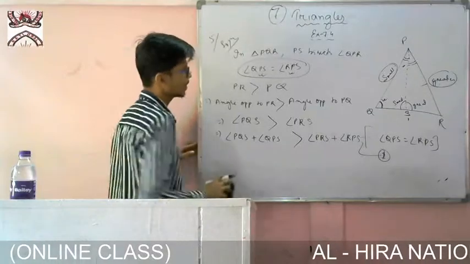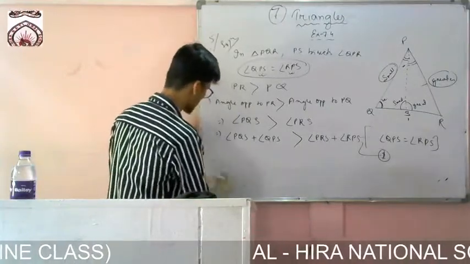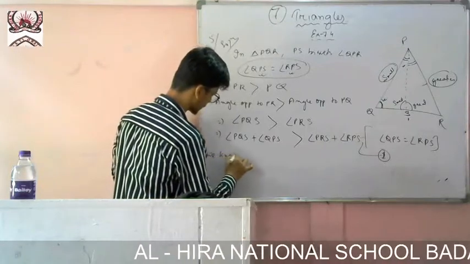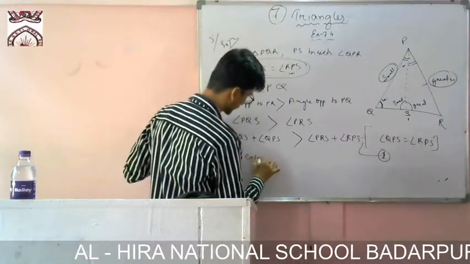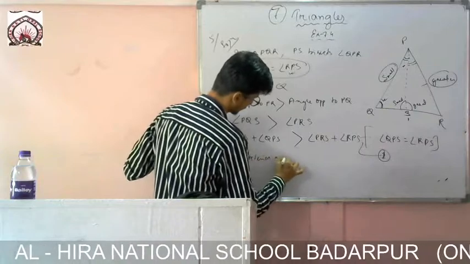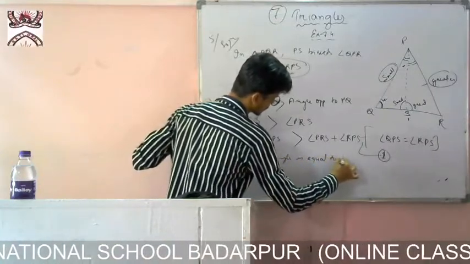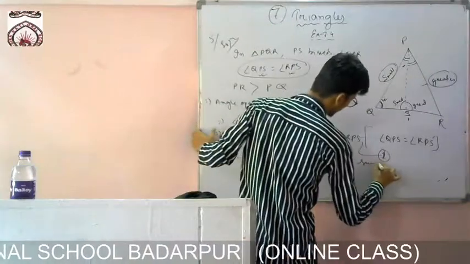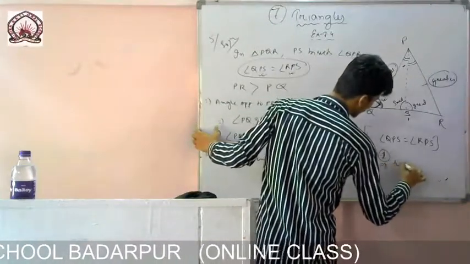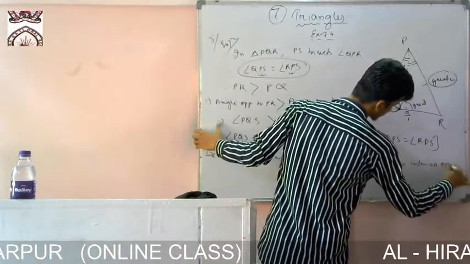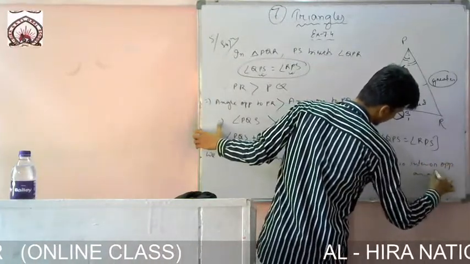So now you write, we know exterior angle is equal to the sum of two opposite interior angles.